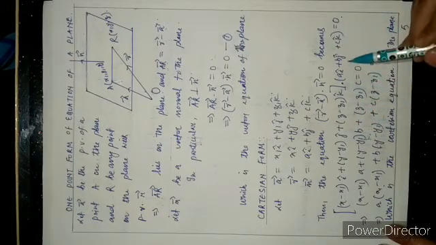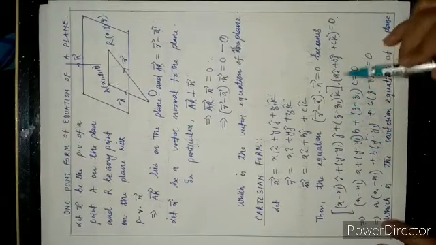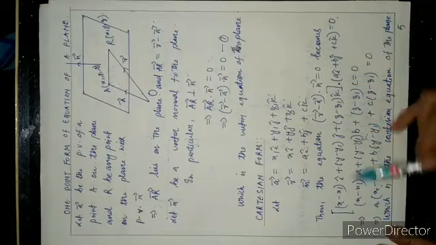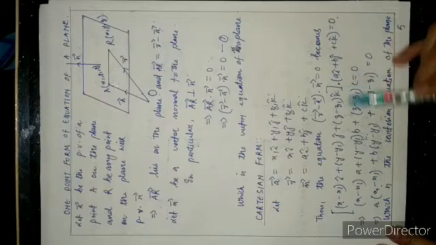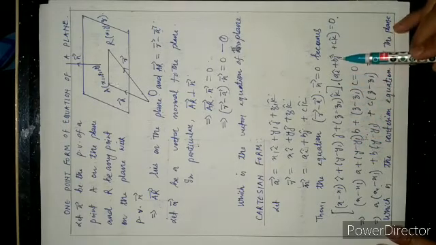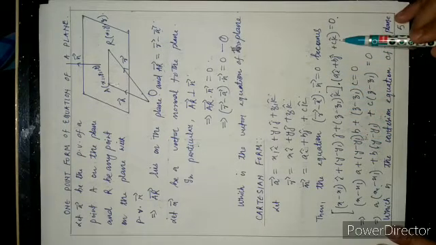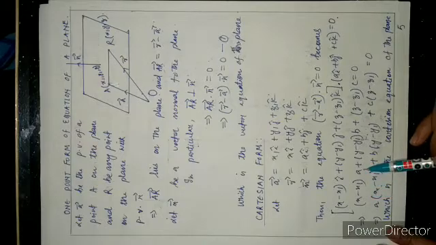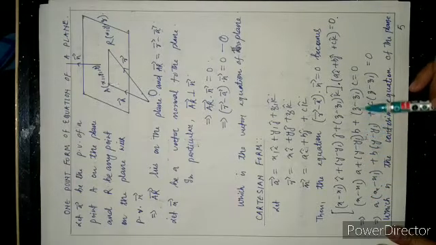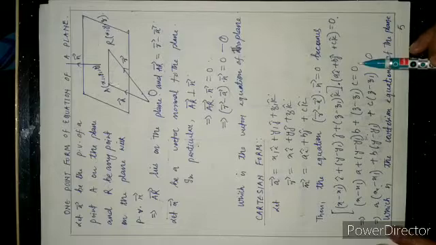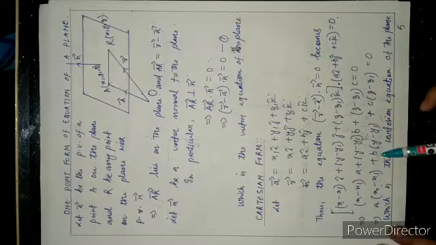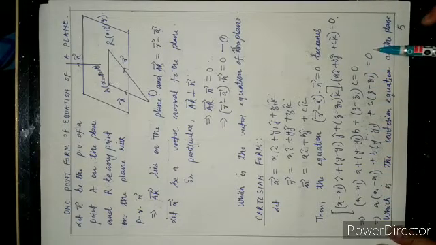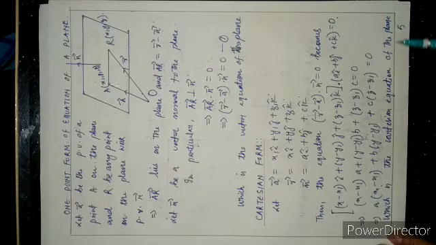Dot product means the x component multiplied by x, y component multiplied by y, and the z component multiplied by z. So a(x minus x1) plus b(y minus y1) plus c(z minus z1) equals to 0, which is the Cartesian equation of the plane.